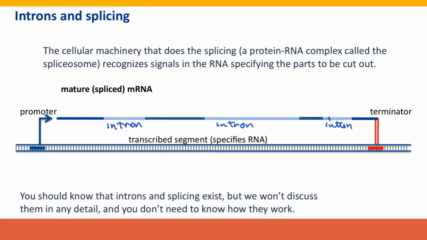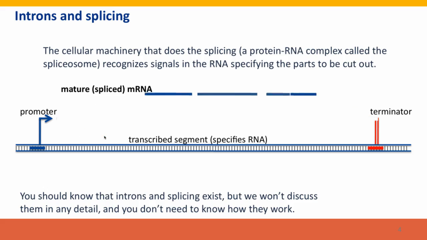These are recognized by the splicing machinery because of particular regulatory sequences, recognition sequences at the beginning and end, the junction points, the splice points of the introns. And this allows the cell to recognize the places where it needs to cut out sequences.